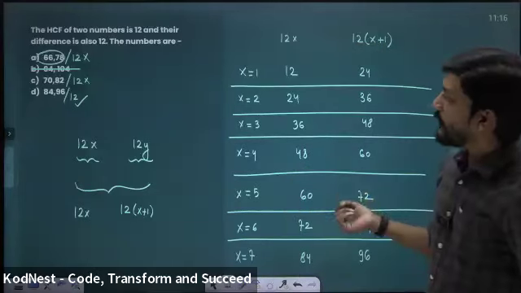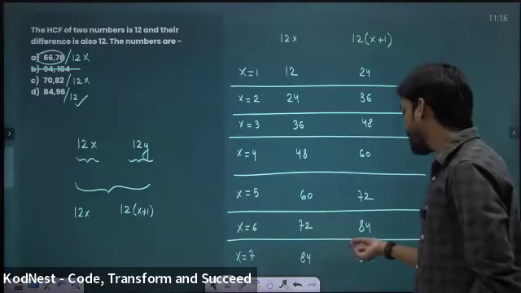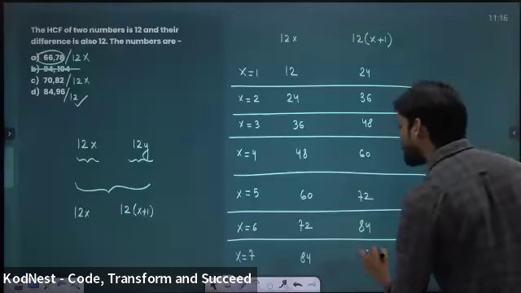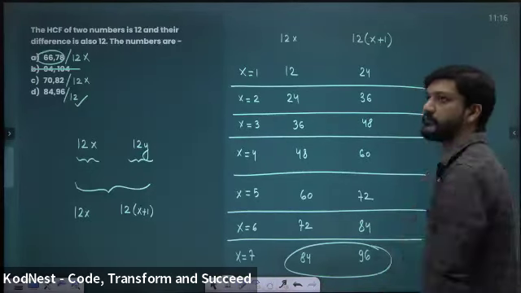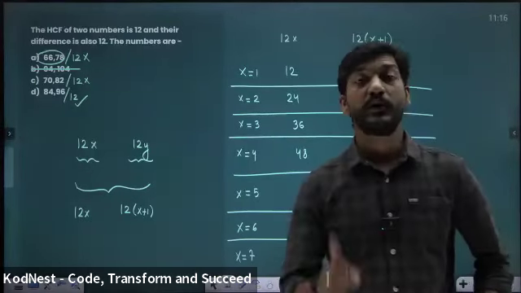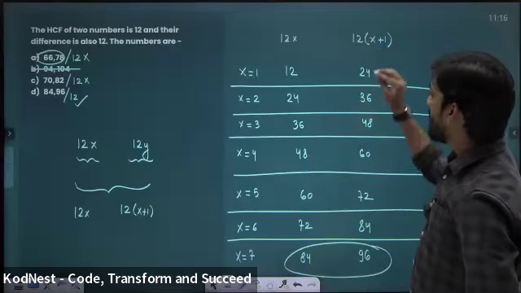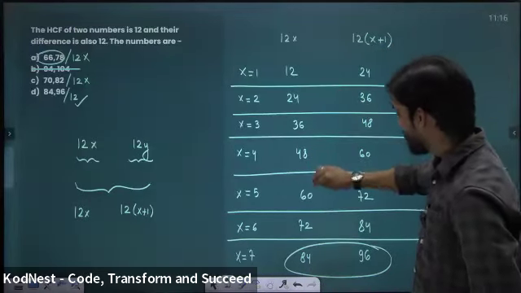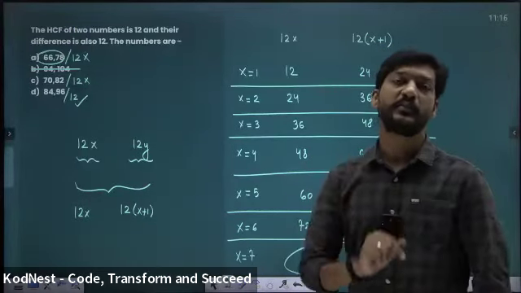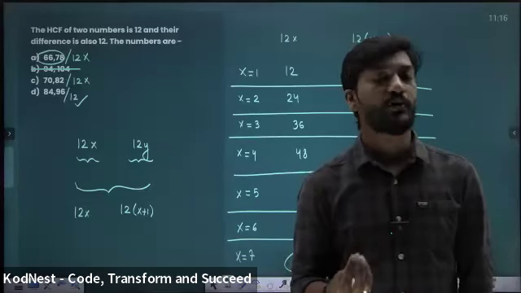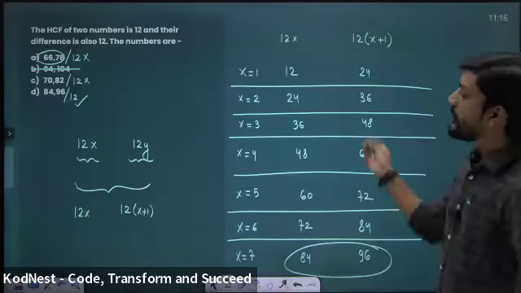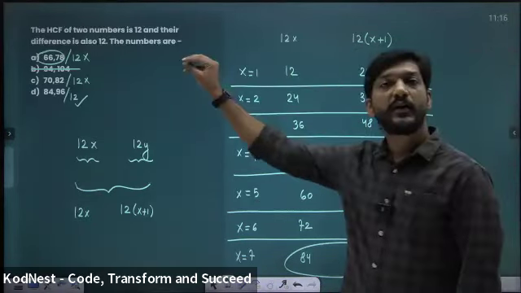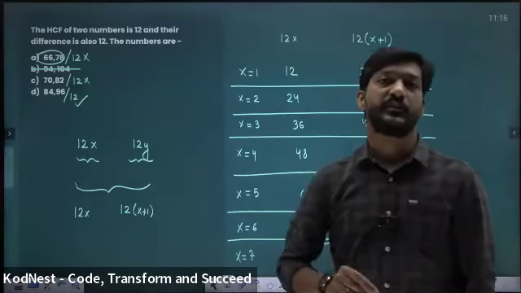So which value is present in the option? 84, 96. So only this is present. And only one value will be present on one side, either this or this. Any one will be present. So you don't know actually which one they will give. So that's why you have to solve it by the options.